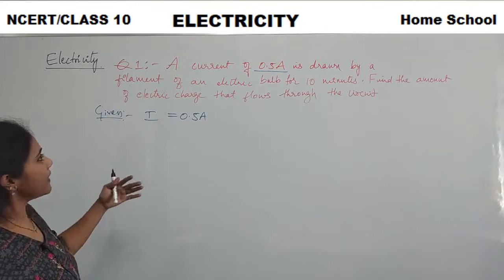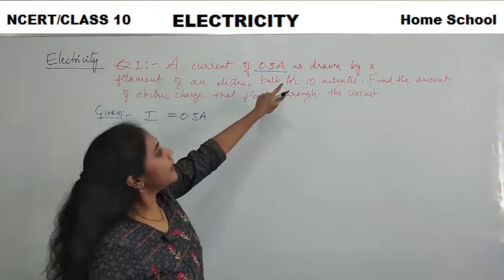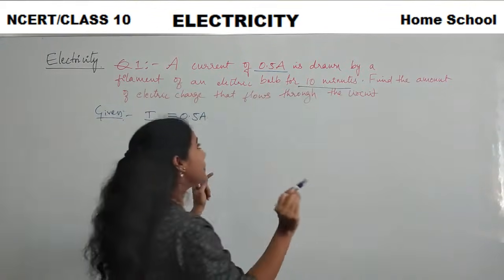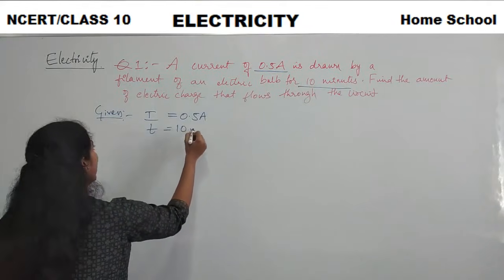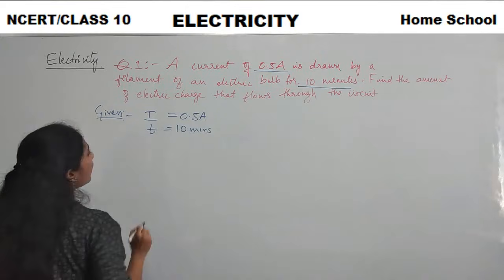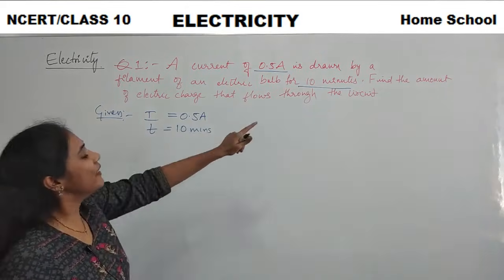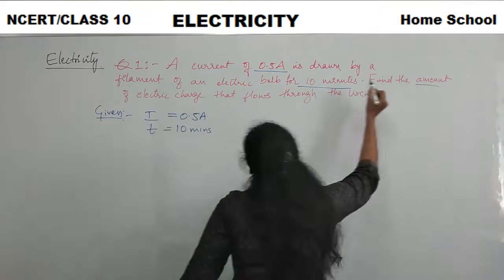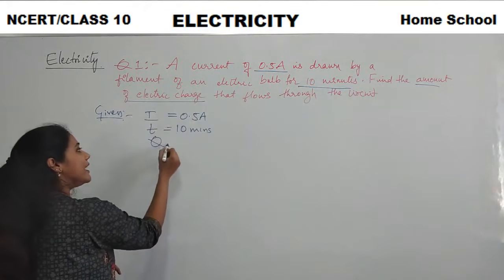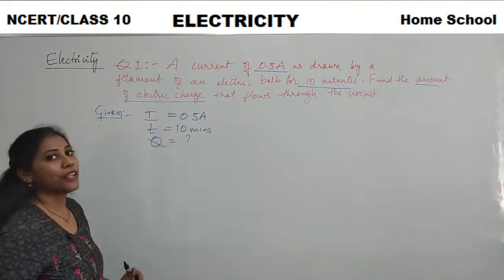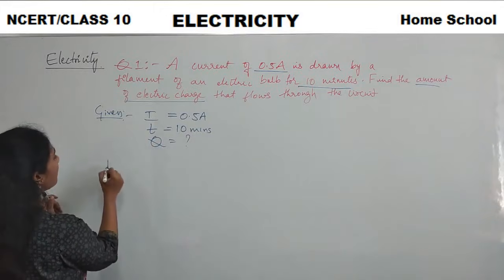And later, what is given? Of an electric bulb for 10 minutes. That means time is given. T is given. How much? 10 minutes. So what are they asking you to calculate? Find the amount of electric charge. That is Q they are asking you to find. So what is our main formula?